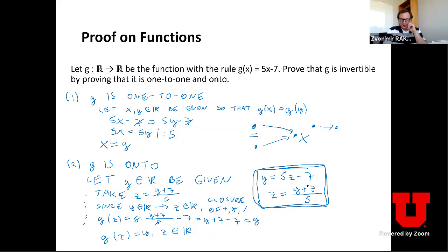But the way you derive it is by doing this little side computation in this box. You set y to be equal to the rule expressed in terms of z, and from there, you solve for z. And then that's your z that you can pick, so that g of z is equal to y. Okay. Any other questions?